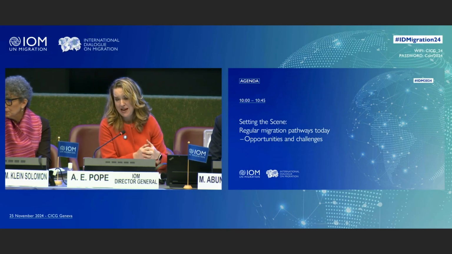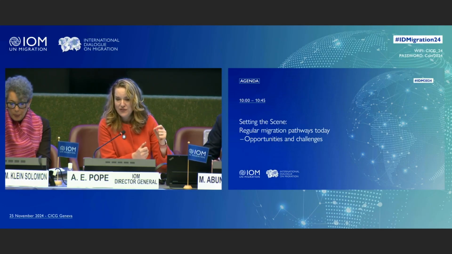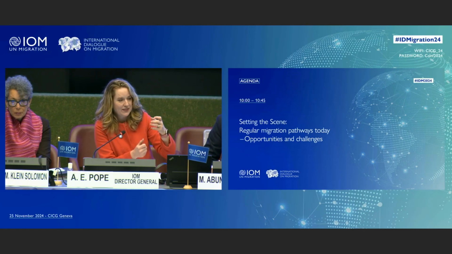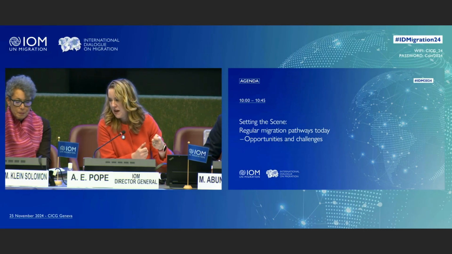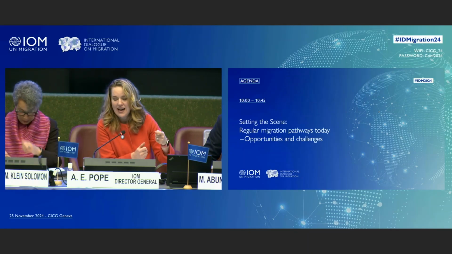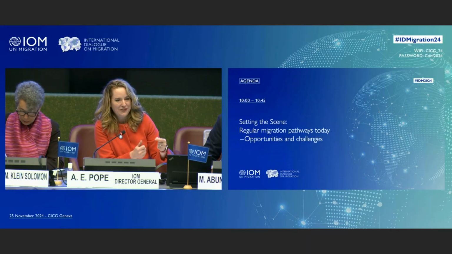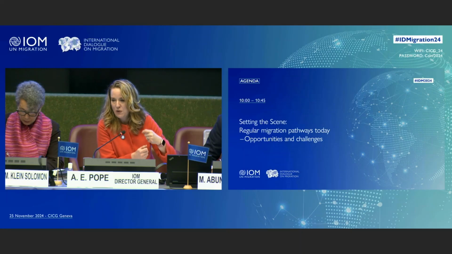Now, the goal here, if we actually succeed in accomplishing these three objectives, saving lives, driving solutions to displacement, and facilitating pathways that are regular and orderly, if we do that right, the end goal is that we should be disincentivizing the reliance on irregular pathways. I've worked on border issues for my whole career. I've worked on migration issues for my whole career.